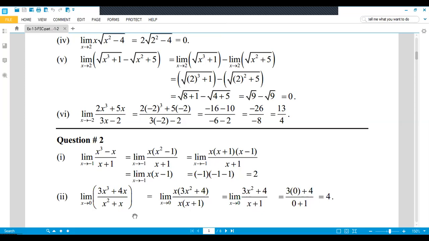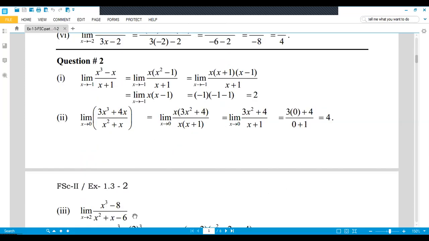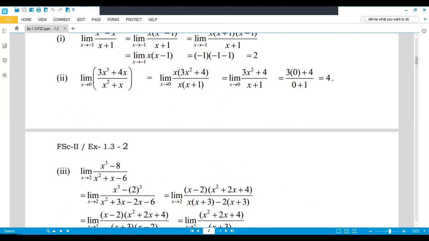So this is the solution of the second part. Very easy. First you factorize by algebraic techniques, and you know how to do factorization by taking common, by formula, by parts, by PQ method. You factorize it and after that you apply the limit, nothing difficult.